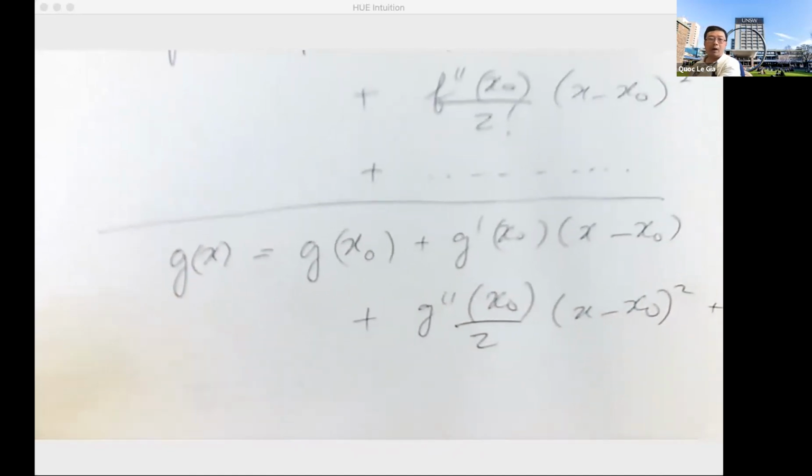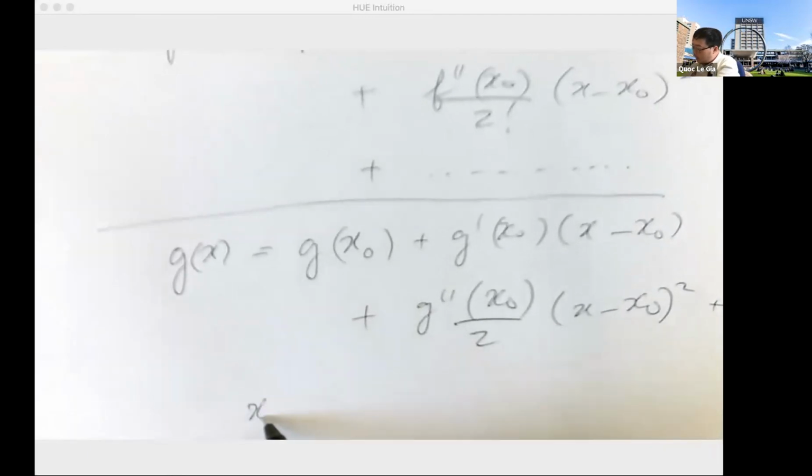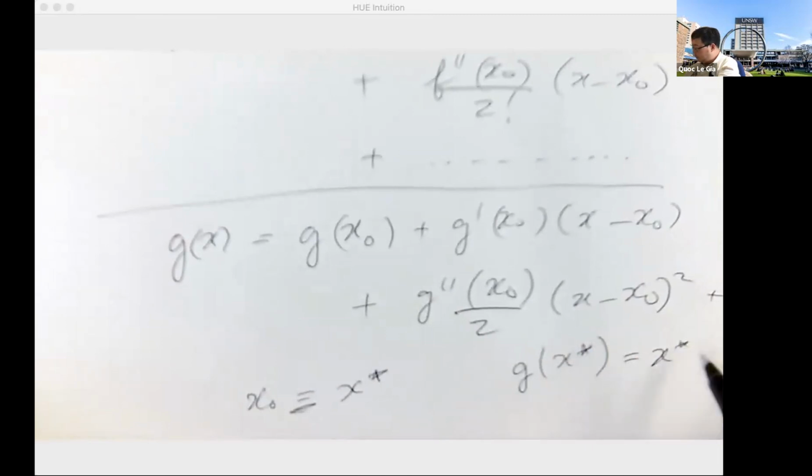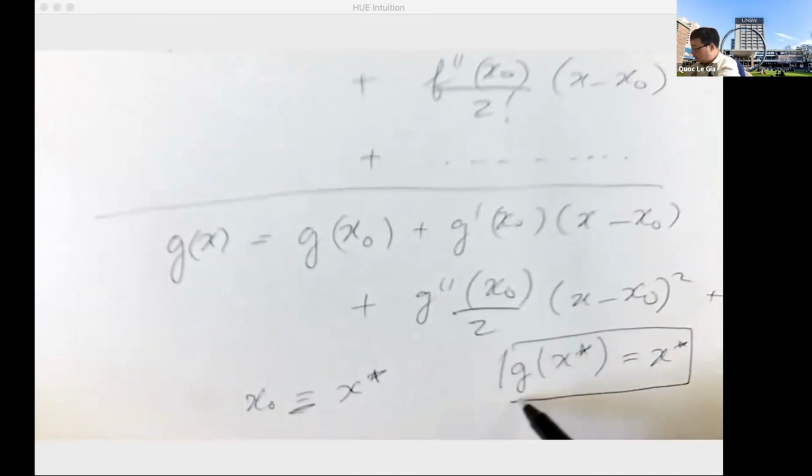I'm just worried about up to the second derivative. And now I want to put x0 to be x star. Remember x star is the point where g(x star) equals x star. This is the definition of x star.